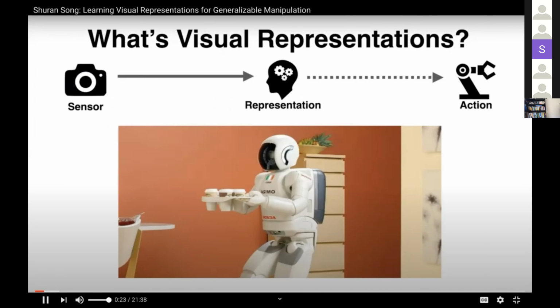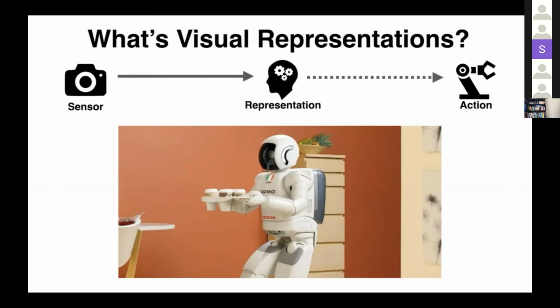So here I'm showing you a typical pipeline of a vision-based robotic system, where the system normally starts with some sort of raw sensory input that tries to record the physical world, normally in the form of images or videos. And then the computer vision algorithm will try to convert the raw sensory input into a meaningful representation that describes the environment.